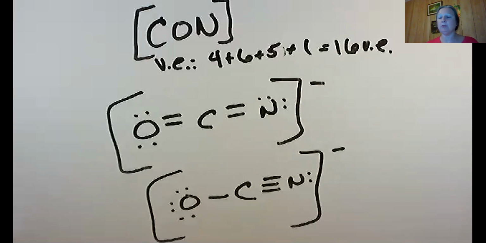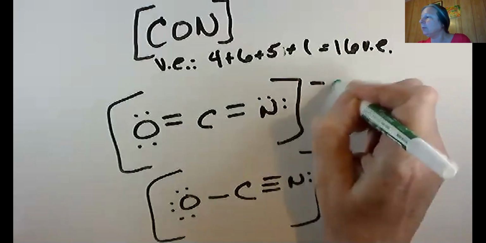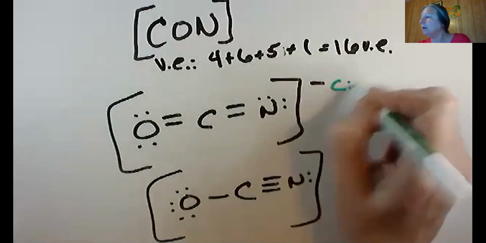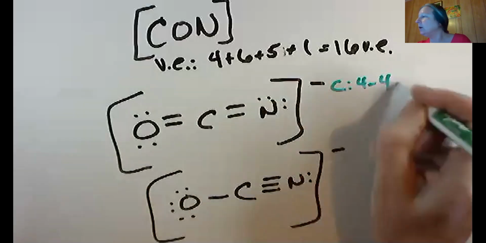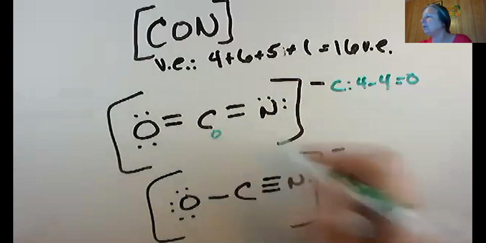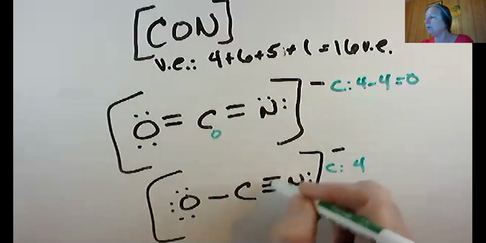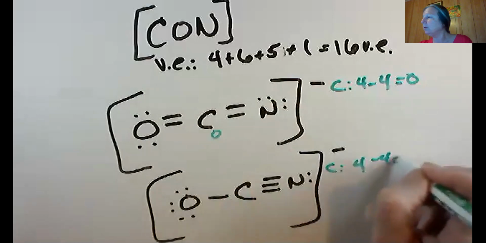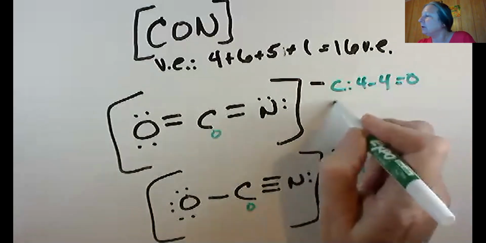That is where formal charge comes in. So we go up here and we say the carbon, it's 4 minus 4, 1, 2, 3, 4, 4 bonds equals 0. Like I said, carbon is usually 0. This carbon, valence number is 4, 1, 2, 3, 4, 0. Okay, very common. All right, oxygen.